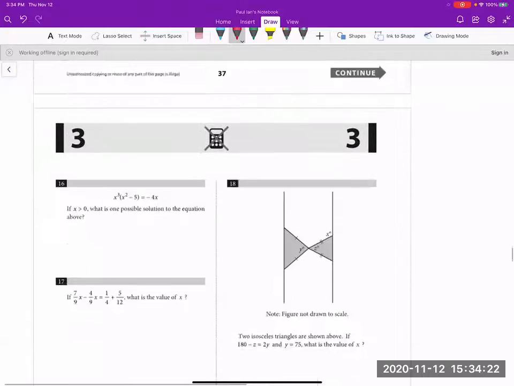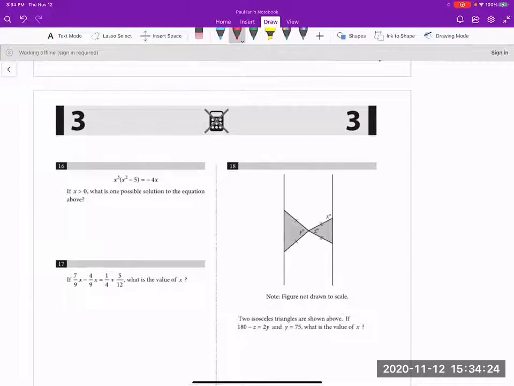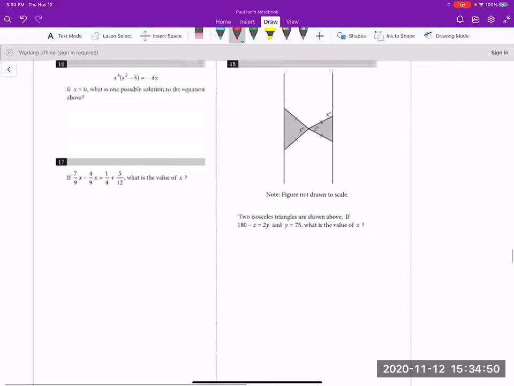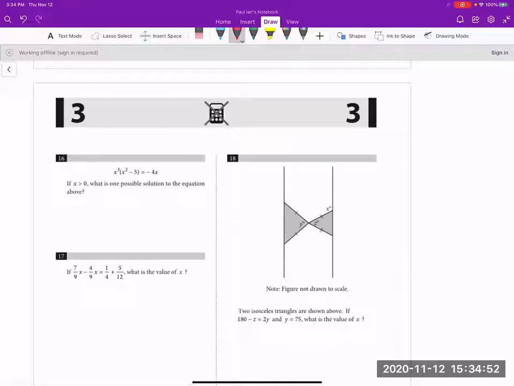Let's say 16. Okay, that's just solving for X. 18, the correct answer is 1 to 5.